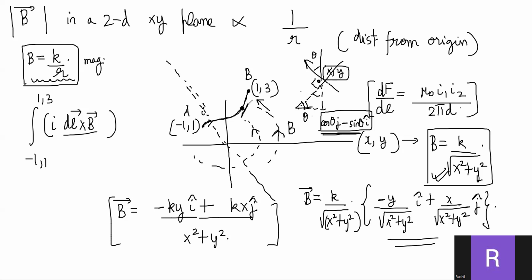The dl at this same point, you can just break it into components, say dx i plus dy j. Then you have to do the cross product of dl cross B and integrate.